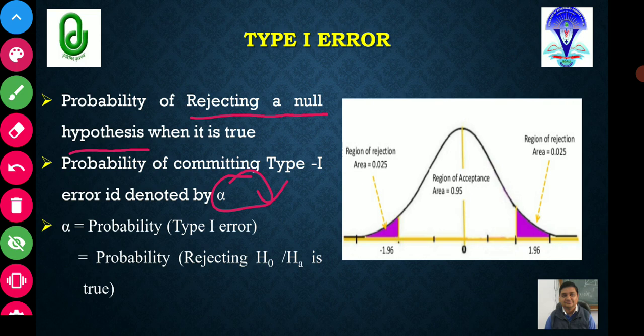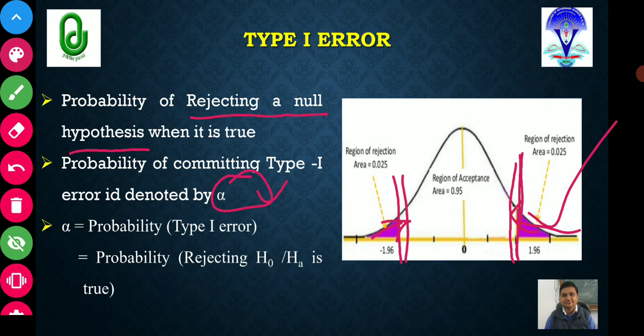And we reject the null hypothesis when a value falls in these two areas. These two areas or the boundary of these two areas are called the level of significance. So, this level of significance is the maximum chance of committing type 1 error, or the maximum probability of rejecting a null hypothesis when it is true. That means a true null hypothesis has been rejected.